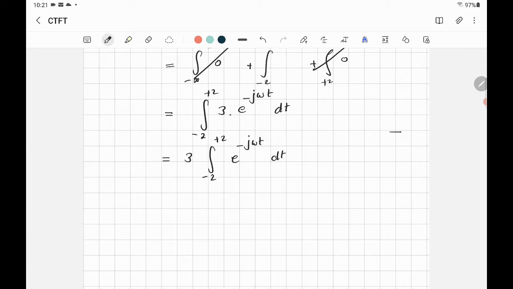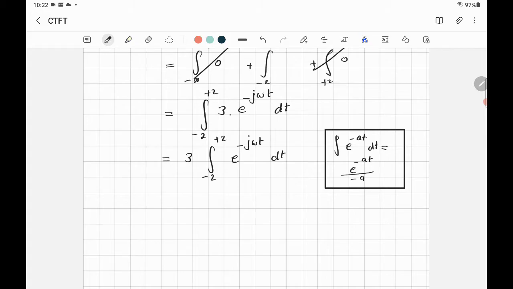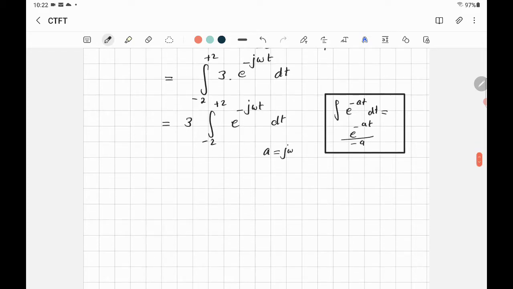We know that the integration of e to the power of -at dt is equal to e to the power of -at over -a. So we'll do the same thing where a here is equal to j omega. So the answer will be 3 times e to the power of -at divided by -a, from -2 up to +2.